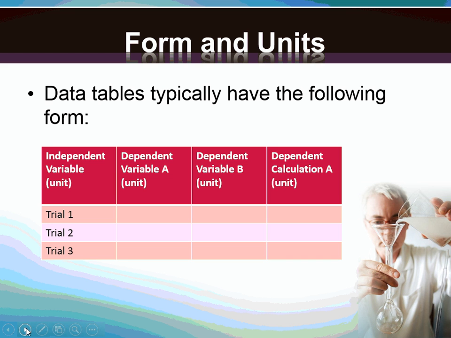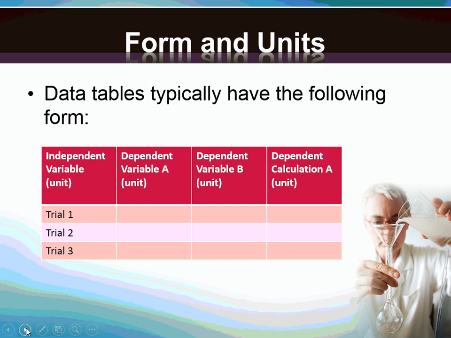You will then indicate the number of rows for each trial, typically where you manipulate the independent variable. The second and other columns are for your dependent variables with their units, or for calculations using the dependent variables.